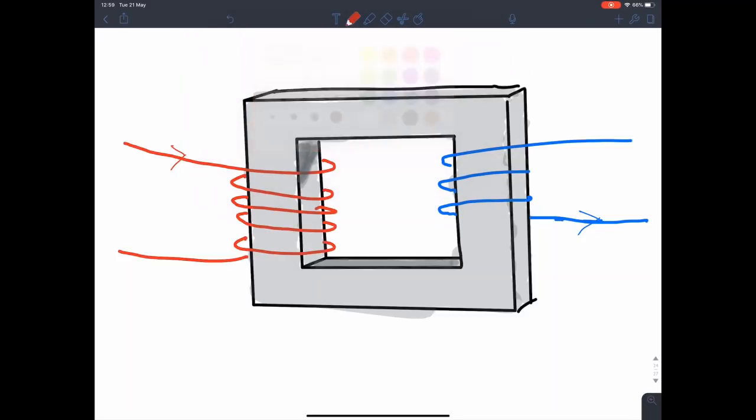So let's say the voltage here was 30 volts, and the current was 5 amps. Then let's say the voltage here is going to be 10 volts. Okay, and then I'll ask you, work out the current. What is the current in here?